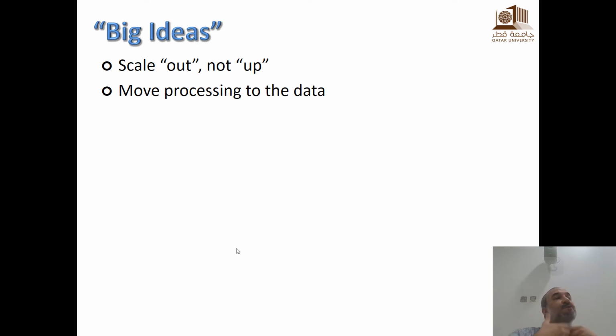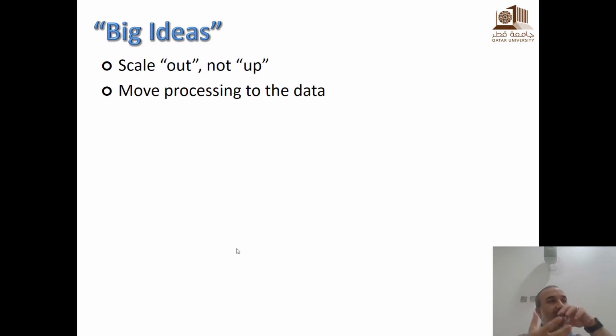So we will move processing to the data. Of course, we will not move the processor itself to where the data is, but what we mean here is that both are on the same machine. So we don't need to move data across the network. Okay, so moving here means across the network. We want to avoid that.